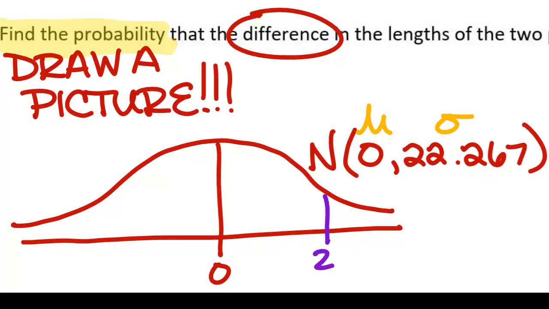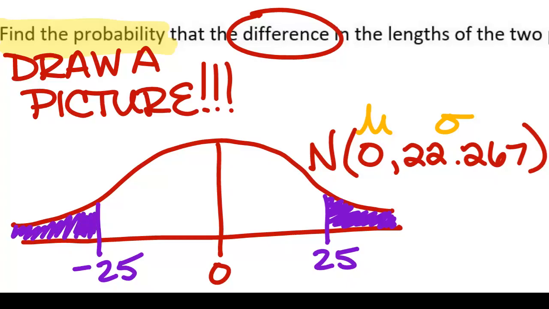So I want to know if this is more than 25, but what if person 1 has the shorter pregnancy than person 2? Then it'd be a negative. I have to consider this because this would still be a difference of more than 25. It's just where person 2 had the longer pregnancy than person 1.